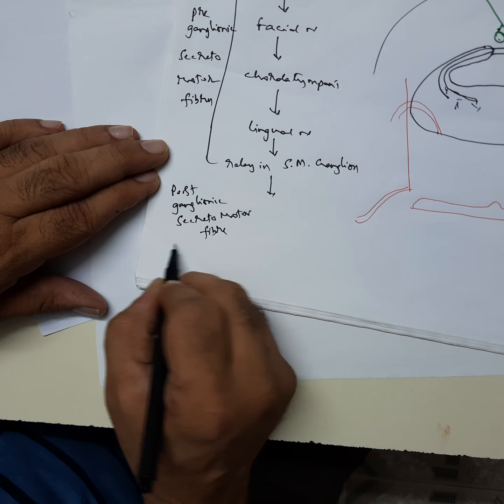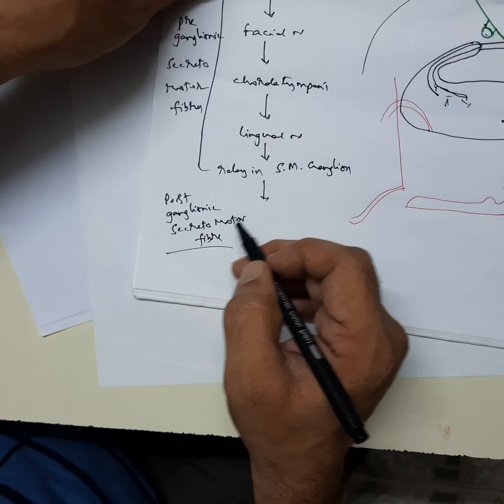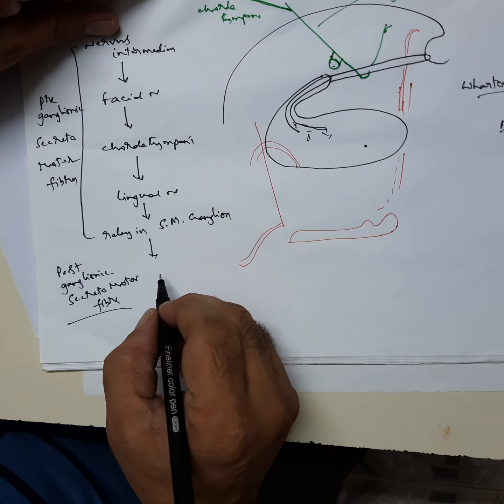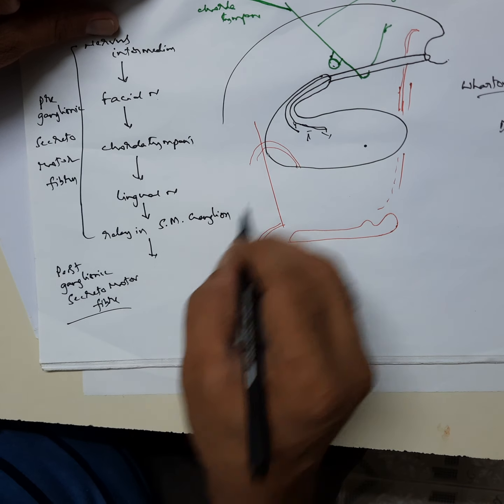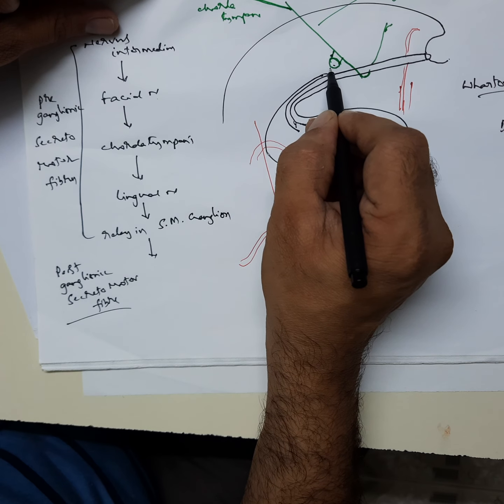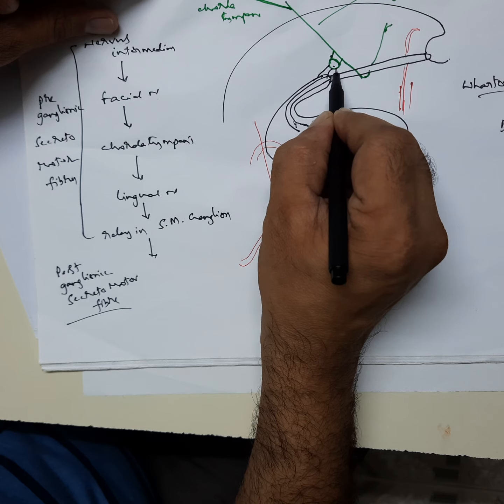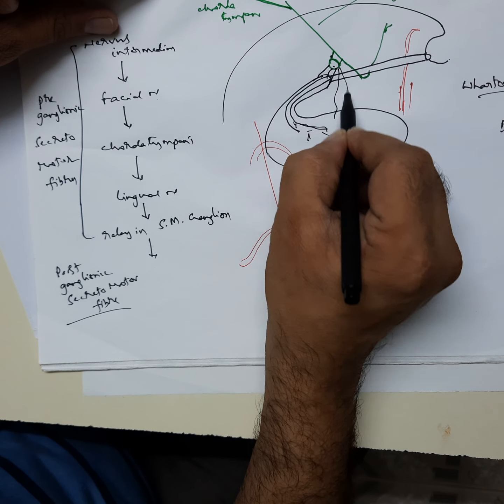So these postganglionic secretomotor fibers reach this gland in a special way. Six to eight branches directly enter the gland from its anterior surface like this.